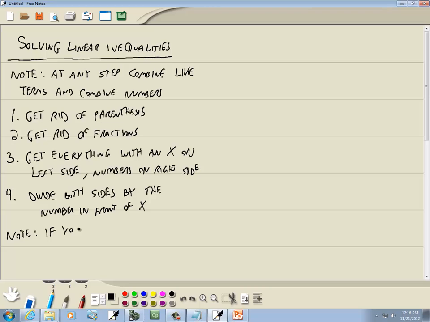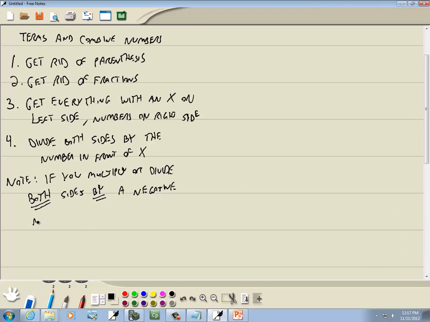It says if you multiply or divide both sides by a negative number, flip the inequality symbol. Less than becomes greater than, or vice versa.